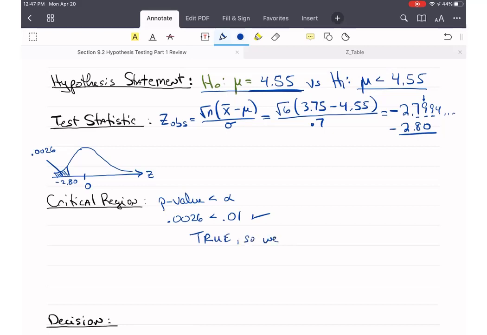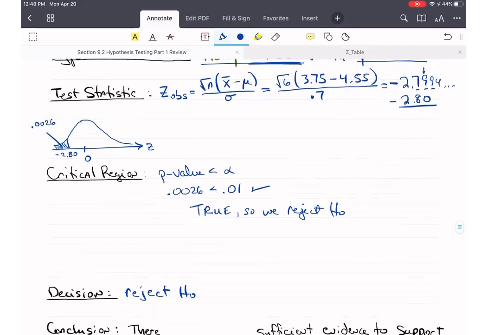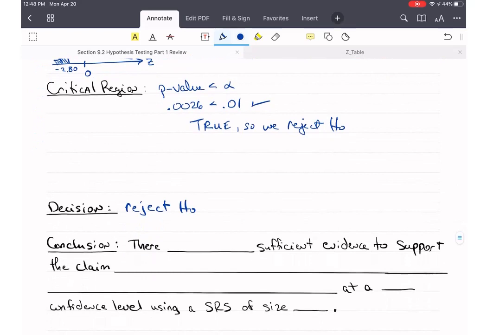So we reject H0 in favor of H1. So the decision is reject H0, the null. Okay. So there does exist sufficient evidence to support the claim.